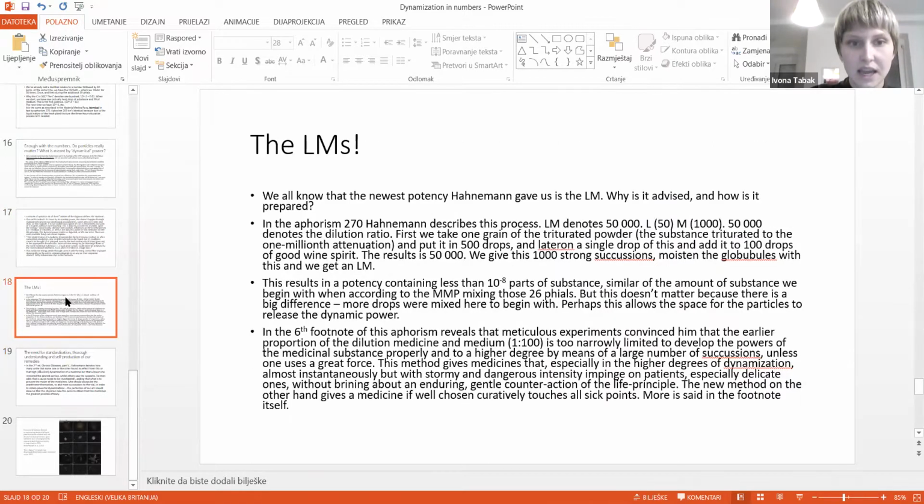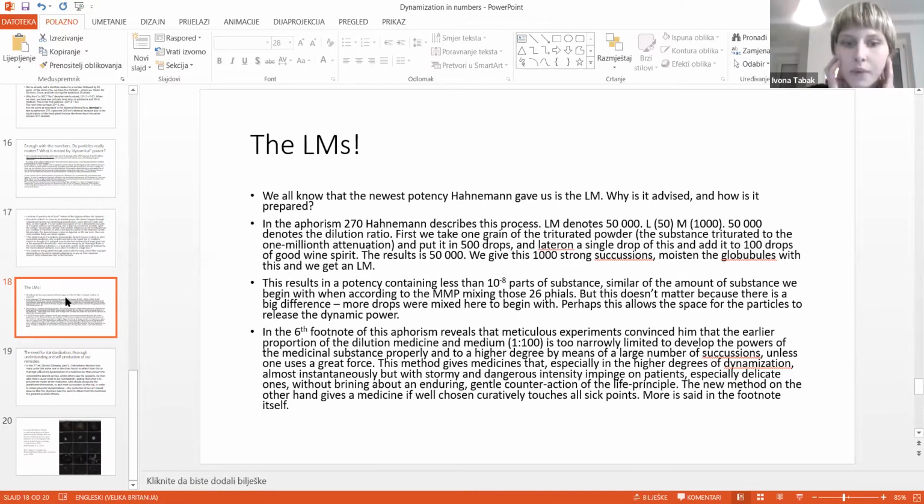And yeah, so the LMs, to finish off with those, actually two more slides. The LMs are the newest potency Hahnemann gave us after long experimentations. He describes the process in aphorism 270. LM denotes 50,000. L in Old Roman, Latin, denotes 50, and M is 1,000.